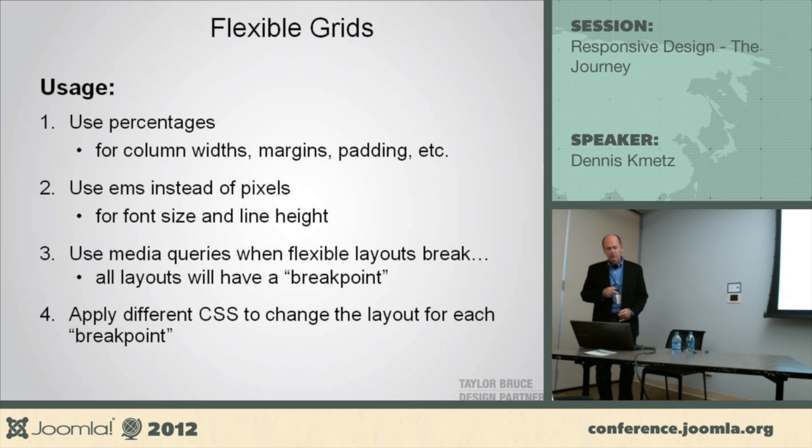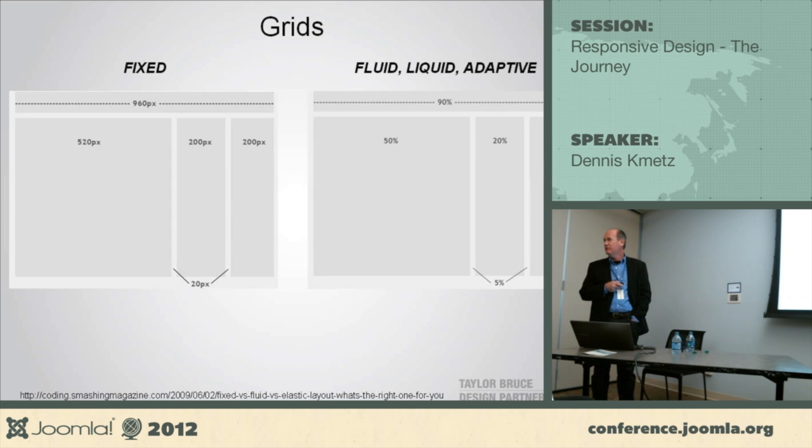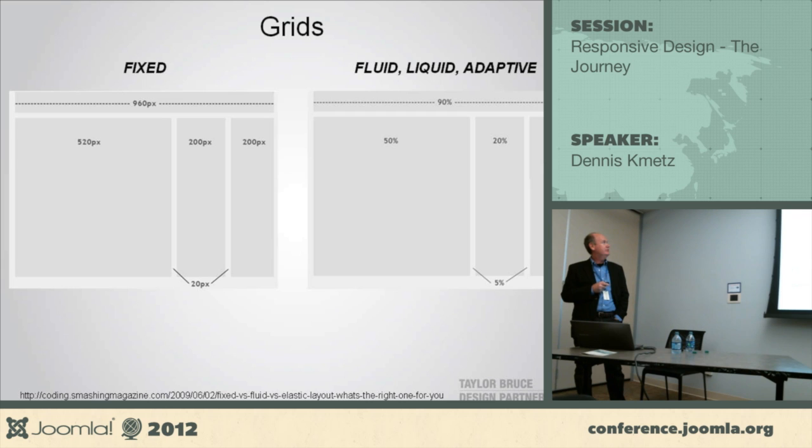How do you go about creating a flexible grid? If you start with your 960 grid, say that's 80% of your viewport, 200 becomes 20%. How do you get there? Very simple. You start with a container and you set it in pixels.